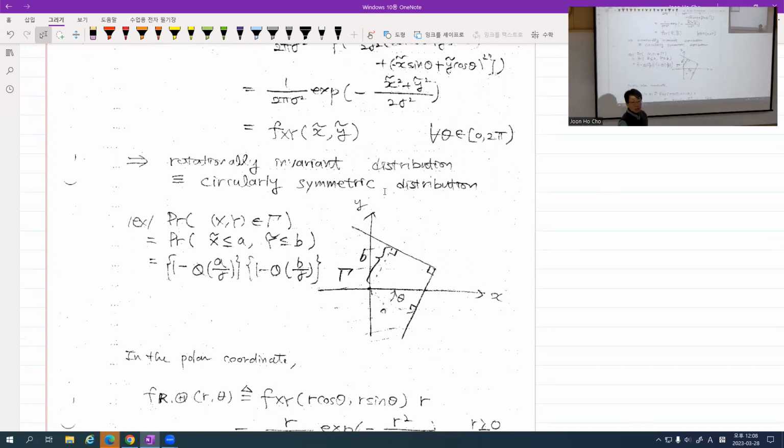So now you understand, whenever you have independent x and y with the same variance, which means you have rotational or circular symmetry with respect to the mean vector, even though it is not zero mean, you can use that rotational symmetry to get your result in terms of the Q function, right?